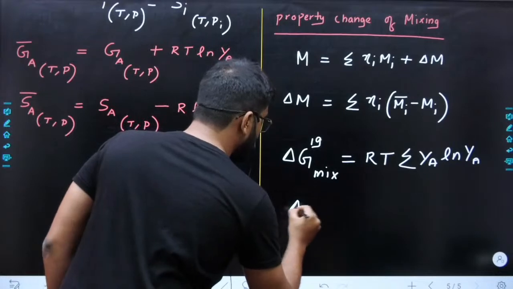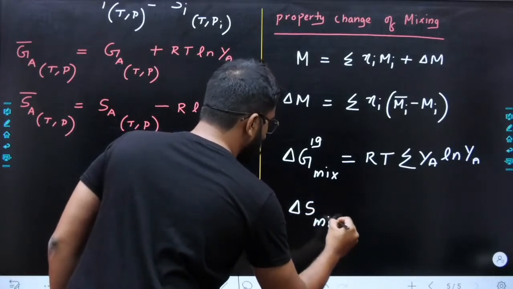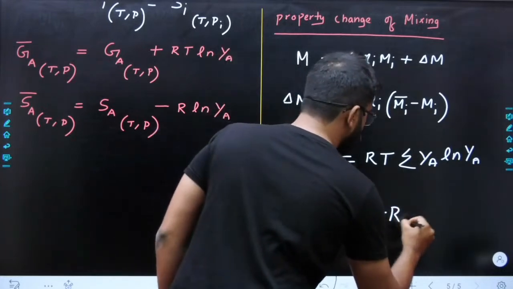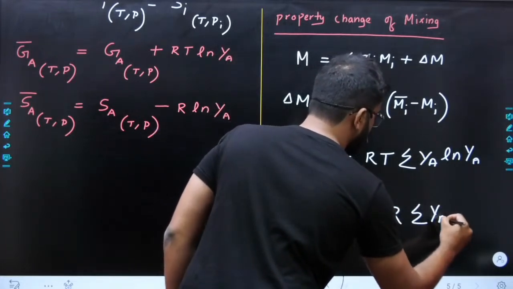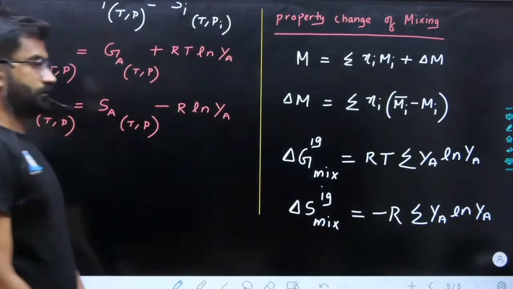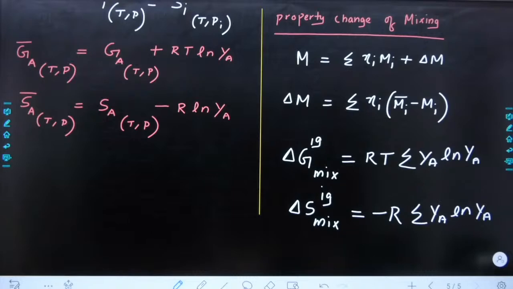Same way, delta S mixing for ideal gas will be equal to minus R into sigma... easy.